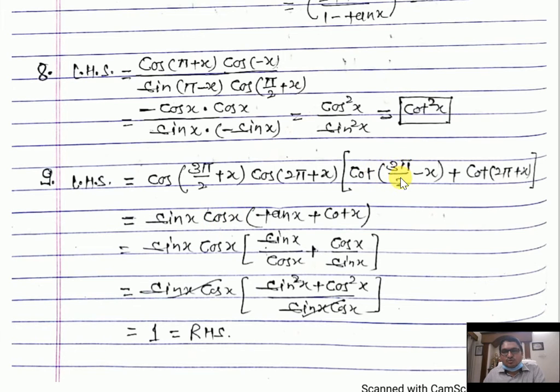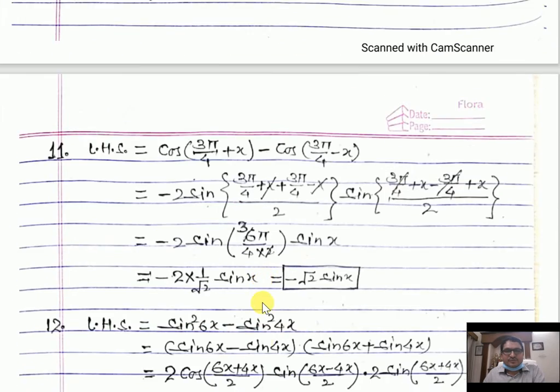Similarly, cot(270 − θ), it will lie in the third quadrant, so tan x, cot and tan plus, and cot(2π + x) will be cot x. So we can convert tan and cot in terms of sin and cos. Take LCM. Upper part will be sin square x plus cos square x. Denominator gets cancelled. 1, right hand side, hence proved.